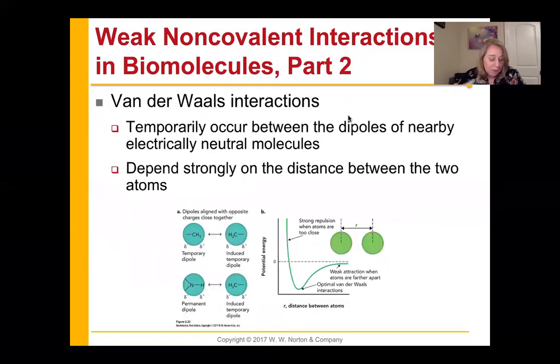The other one is van der Waals interactions. Van der Waals interactions are super temporary and super weak. But they really have a big effect. So if you look at a van der Waals, that's probably about 5 kilojoules per mole, whereas a hydrogen bond is more like 20 kilojoules per mole, right?